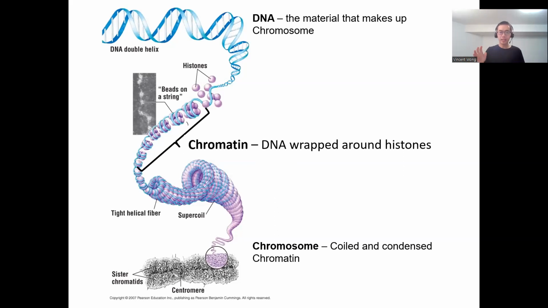However, when we need to copy the DNA and move it around during cellular division, we need to pack the DNA up even further. We need to create these super condensed versions of the DNA. And when it's in its most condensed form, we call it a chromosome.